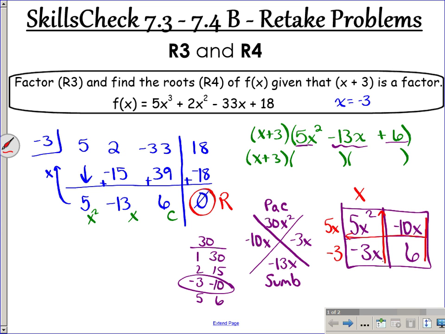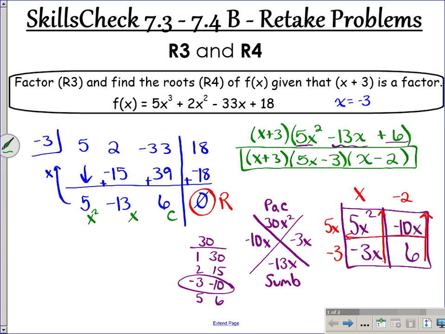And the biggest thing you can factor out of negative 10x and 6 is 2. But again, since the box closest to the outside is negative, you take the negative. So that makes our other factors, in addition to the x plus 3, we have 5x minus 3 and x minus 2. Now, here is where you stop for R3.